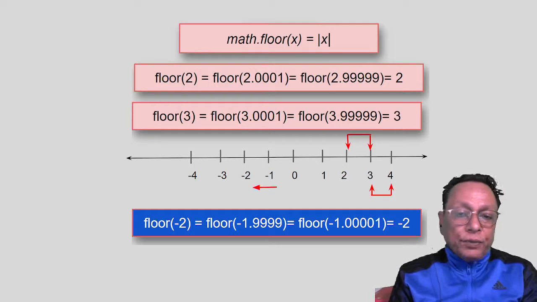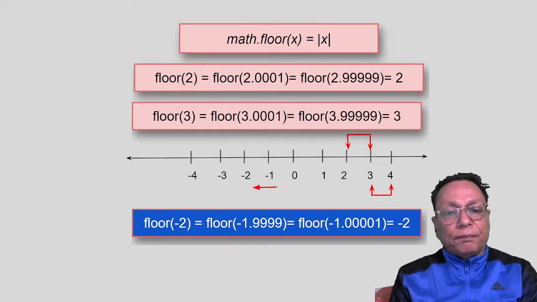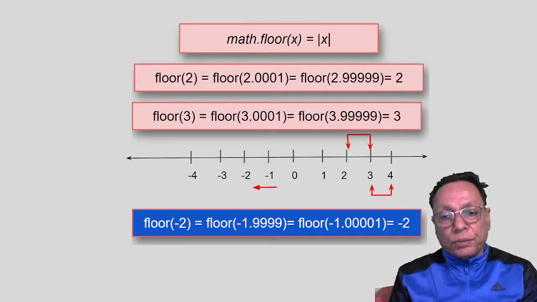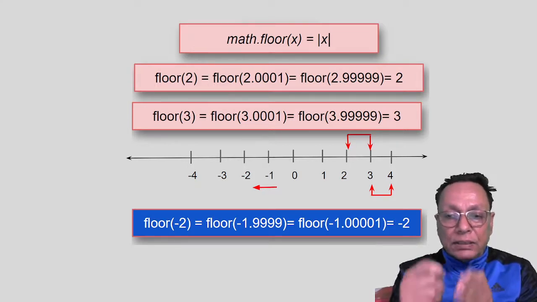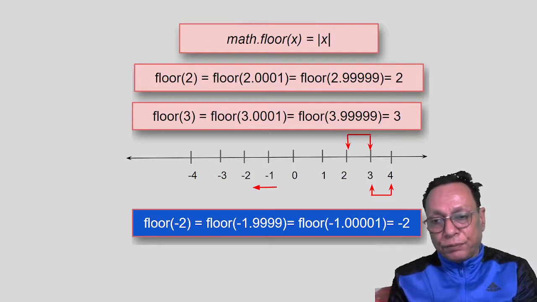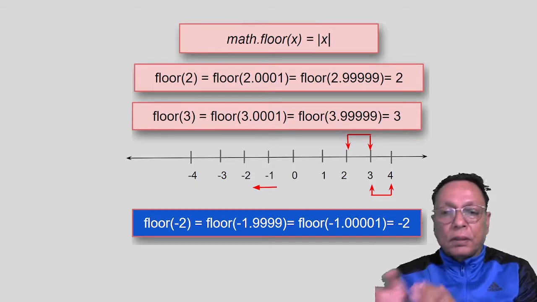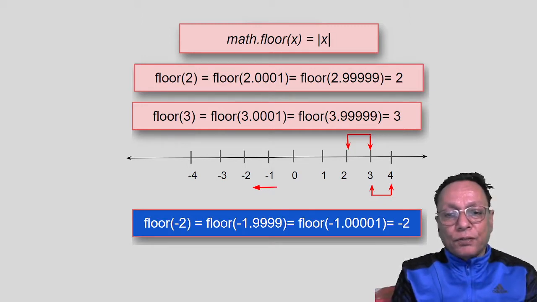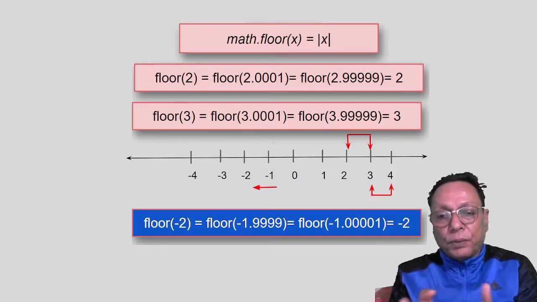So if you see this example, floor of -2, जरा देखते हैं. So in floor of -2, obviously, if you consider the number line, right of 0 gives you the positive values, and left of 0 gives you the negative values. So floor of -2, it could be a floor of -1.